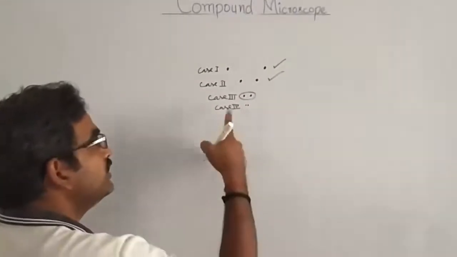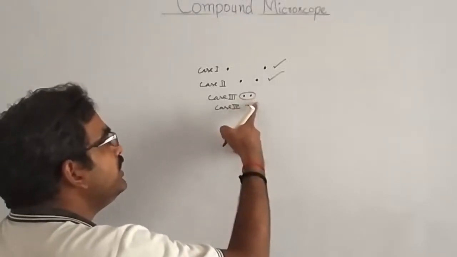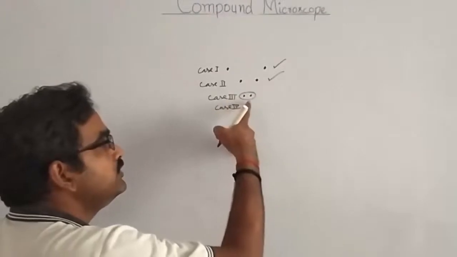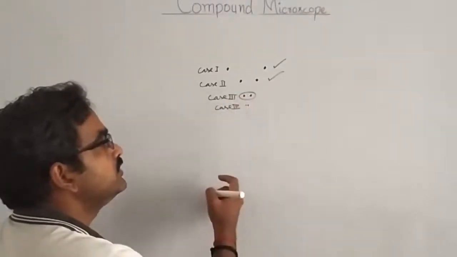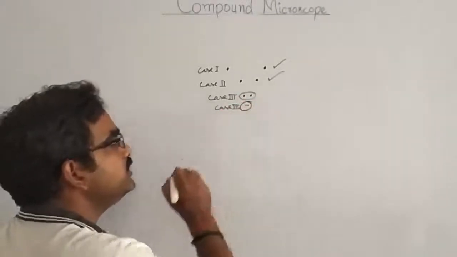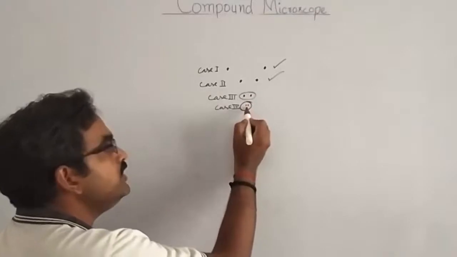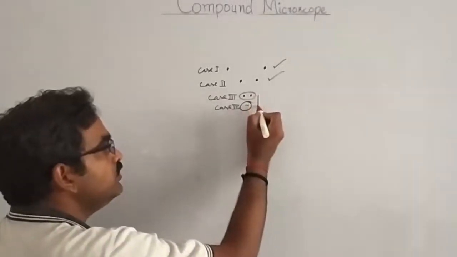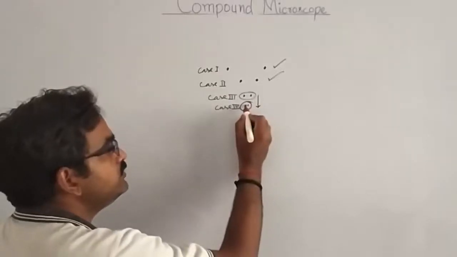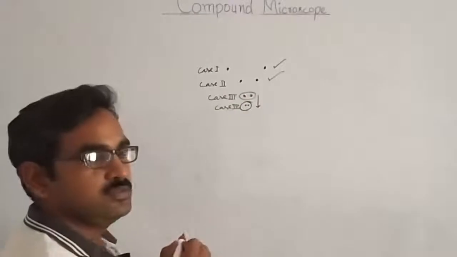Remember, he cannot resolve these two points distinctly. So obviously he cannot resolve this also. Why? Because these two dots are even nearer. The distance between the two dots is further reduced.